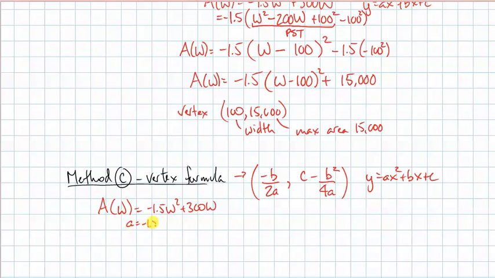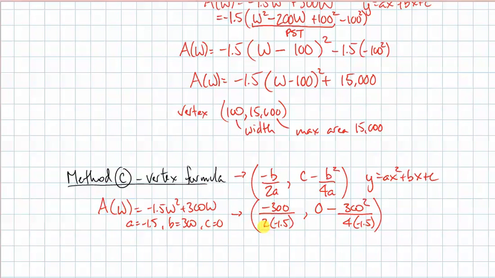So a is negative 1.5, b is 300, c is 0. We substitute in negative 300 over 2 times a, comma, c minus b squared over 4a.